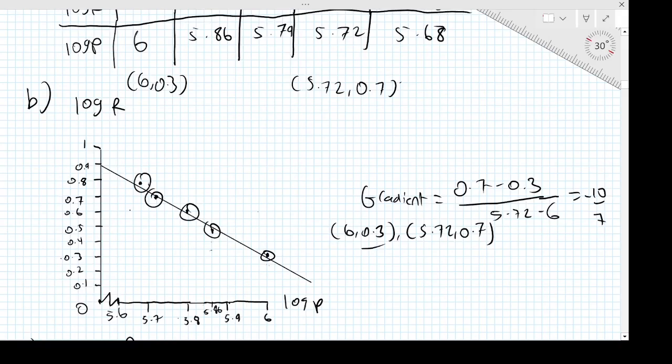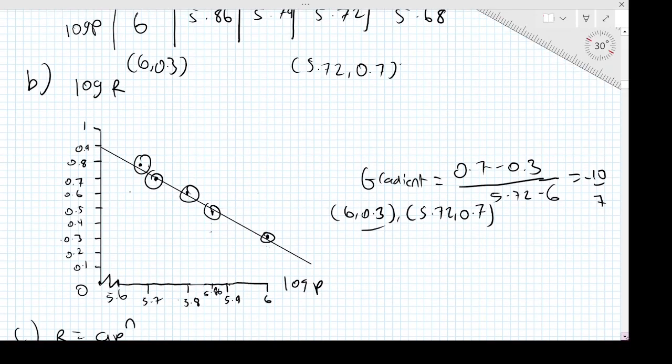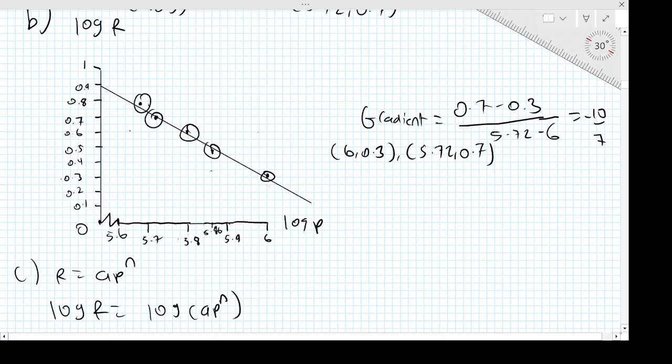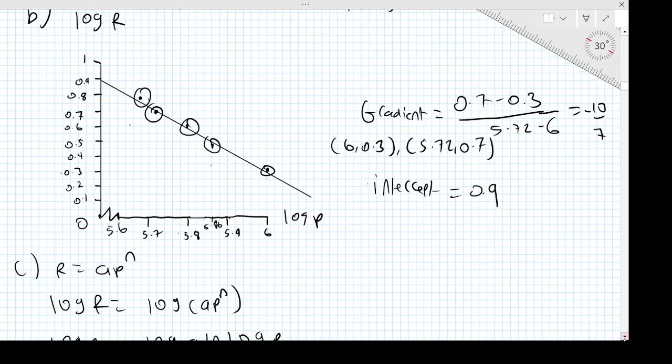Okay, and also the intercept. So where it crosses, well, not the y-axis, but the log r axis. We can see it's 0.9. And so then I've got my values.